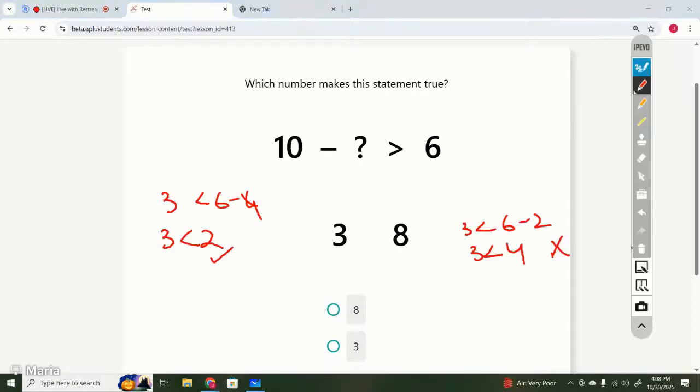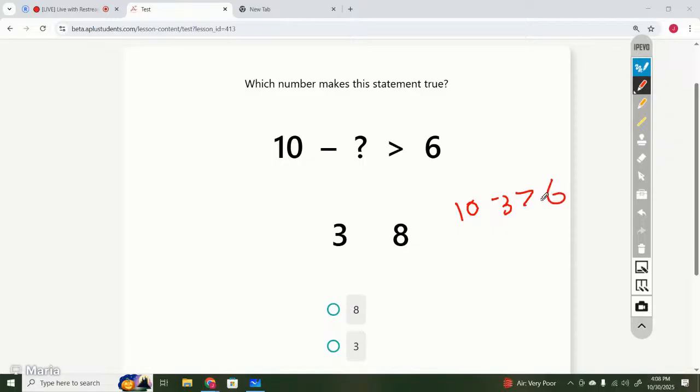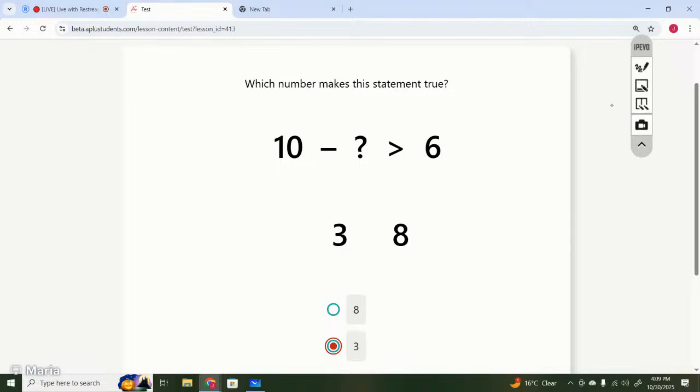Start with the first one. 10 minus 3 is greater than 6. 7 is greater than 6. Yes, it is. So the correct option is 3.